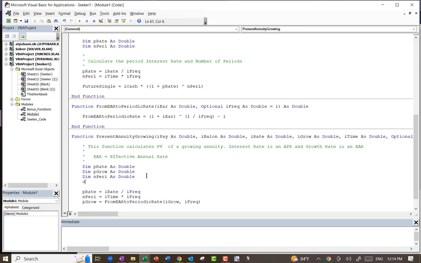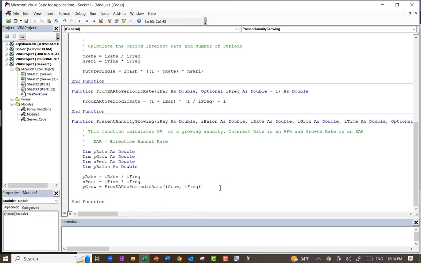And in this case, iCash is the balloon payment. I could either use the APR version, but since I already converted everything to periodic, I'm going to use the pRate and pPeriod and close it. Because in this case, frequency is 1 anyway, so I don't have to include it. So that calculated present value of the balloon payment.